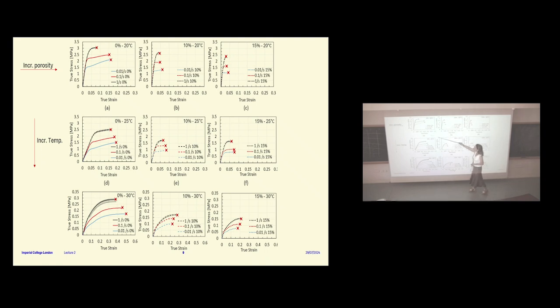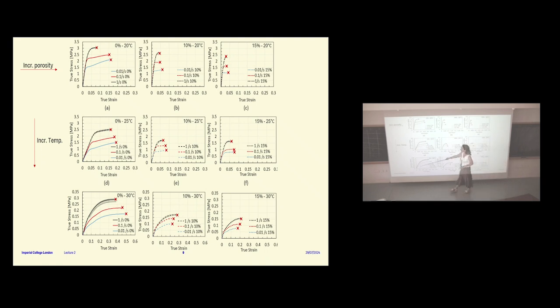Also, the big difference, and you can see that effect of porosity everywhere. Okay, so as you increase porosity, the stresses and the fracture strains decrease. And here, with the effect of temperature, you can see it has a very big effect. So the temperature will start melting around 20 degrees. So you can see from here to here, there's a massive change.